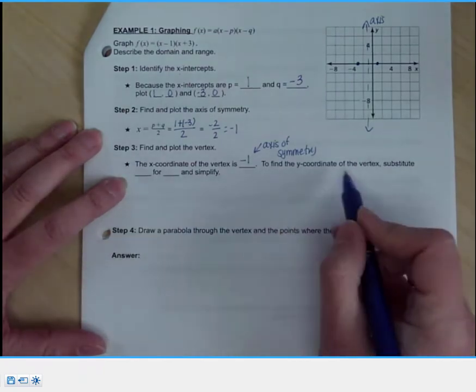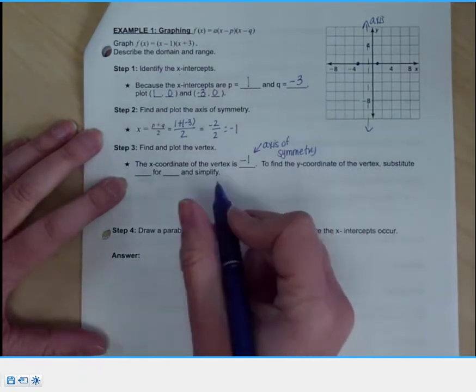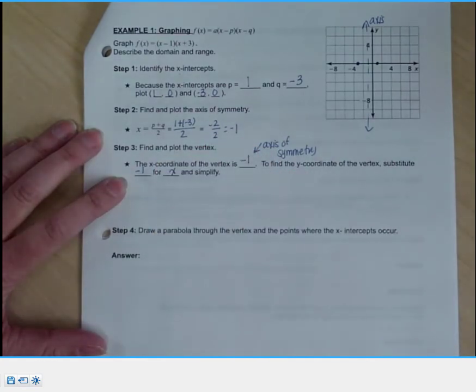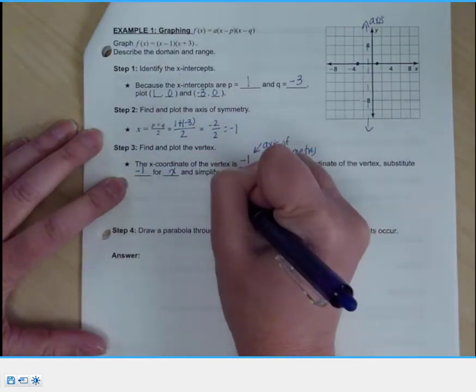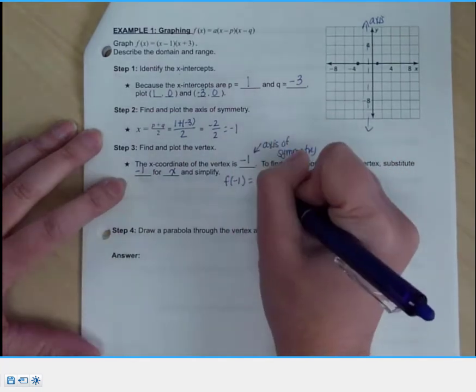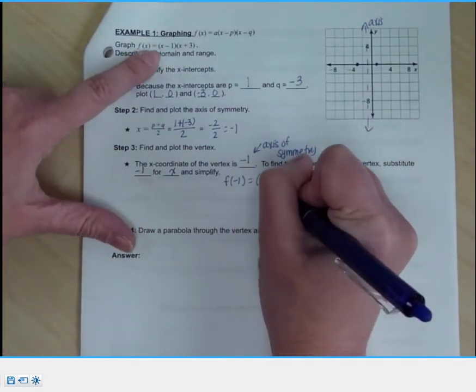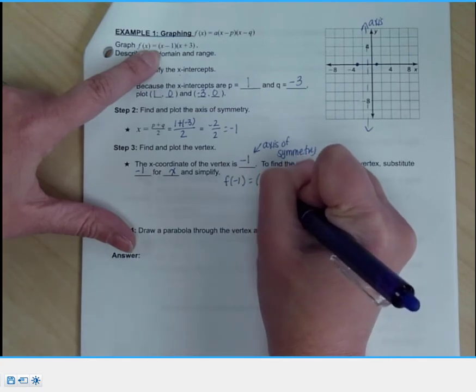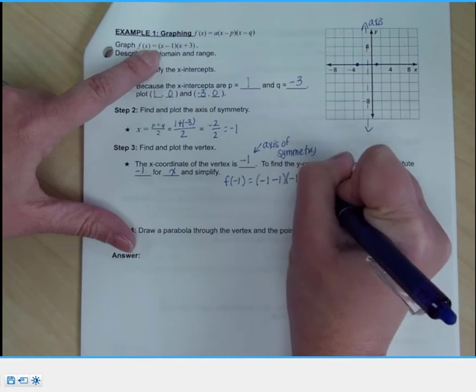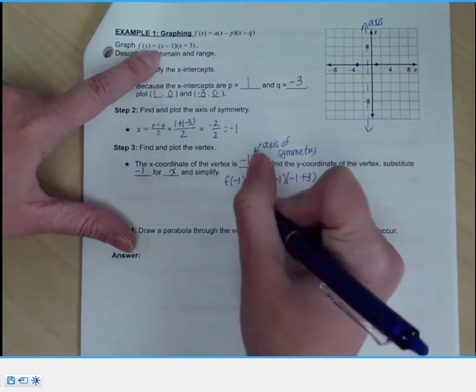Now to find the y-coordinate, I need to substitute negative 1 for x. So f of negative 1 is going to give me, looking up here, negative 1 minus 1 times negative 1 plus 3.